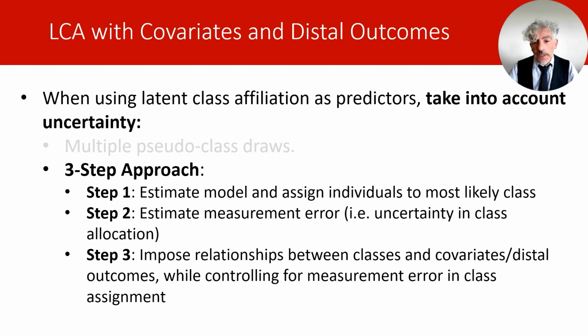After this, we can inspect the model we have estimated and check the measurement error, the uncertainty in latent class affiliation, and use that to create a latent class model where respondents are assigned to latent classes, but with the assignment taking into account the uncertainty we have estimated.